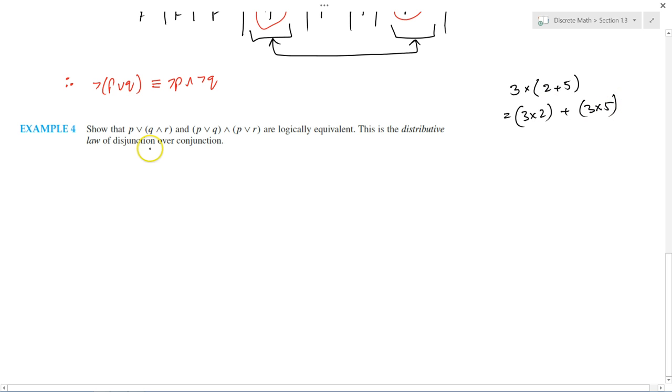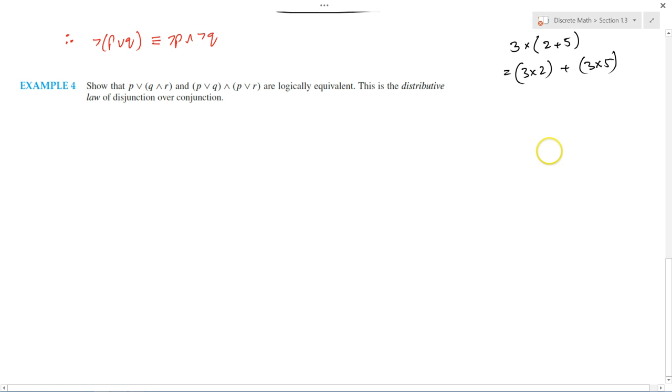The same way in propositional logic, this example shows the distributive law of disjunction over conjunction. Now, this is a law already known because I've already checked the truth table, but for a person who's just starting with this, you cannot conclude that this distributive law works unless you make sure that these two are logically equivalent.